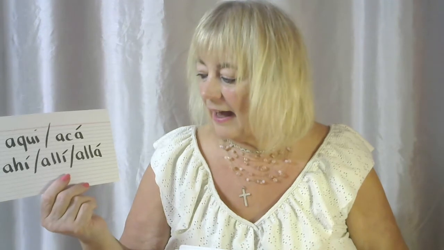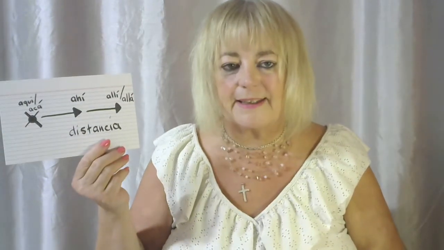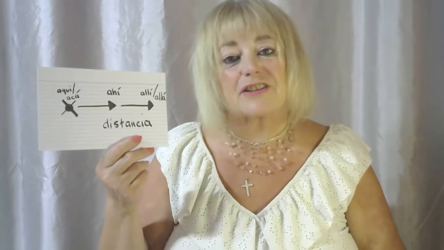Ahí and allí are there. So, aquí and acá is here, ahí and allí are there, and allá is further away. So if we look at them in terms of distance, we've got aquí, acá, here, ahí, there, and then the one with the double L, which sounds exactly like the ahí, is actually further away.